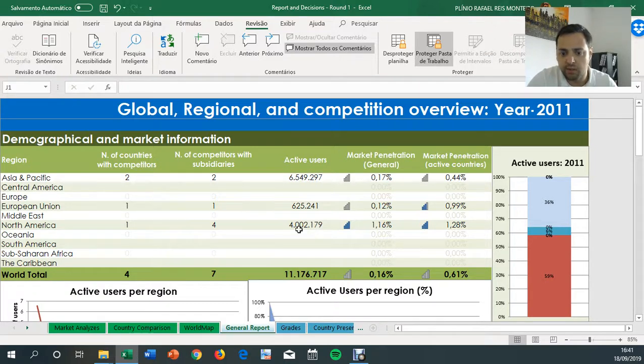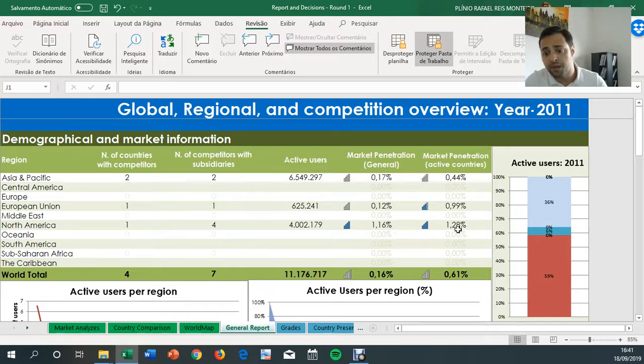Basically, we have a lot of users in Asia and Pacific, and in second place, we can see North America. And in general, we can say that approximately 1% of people in North America are using the apps. 1% of the general population of North America is using the app right now.